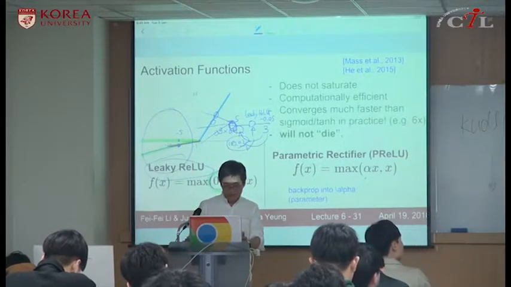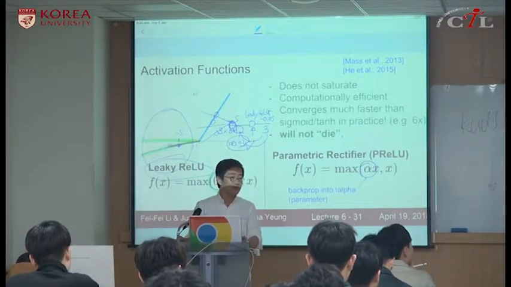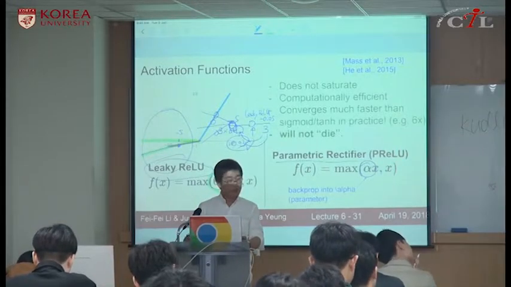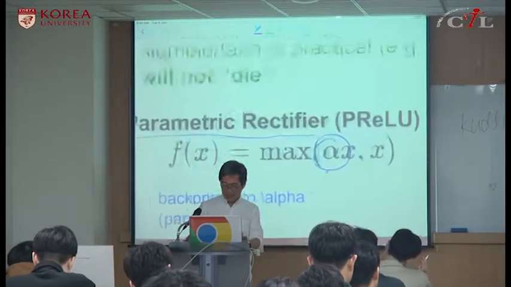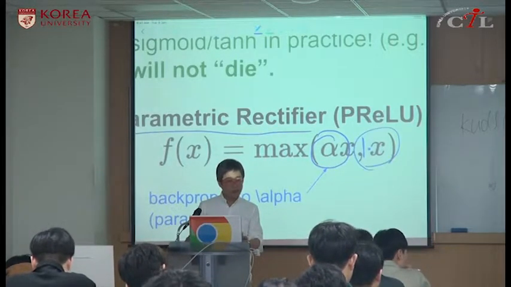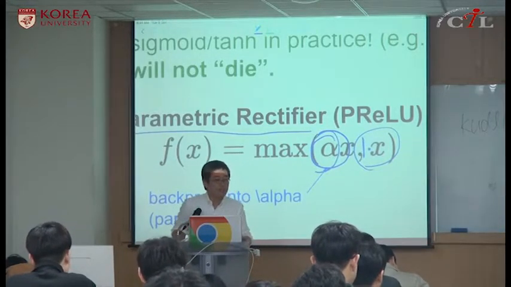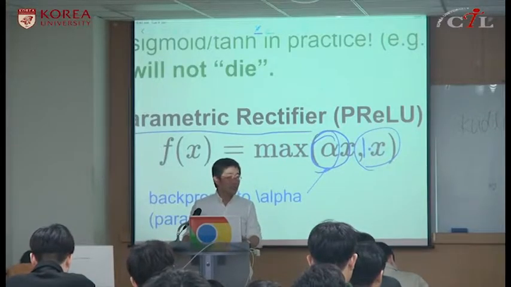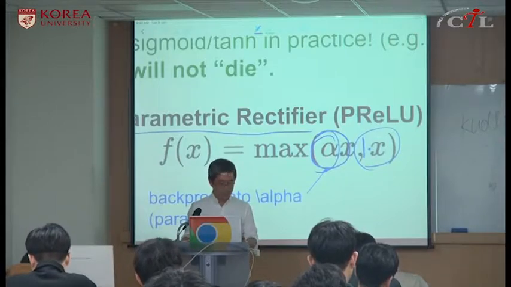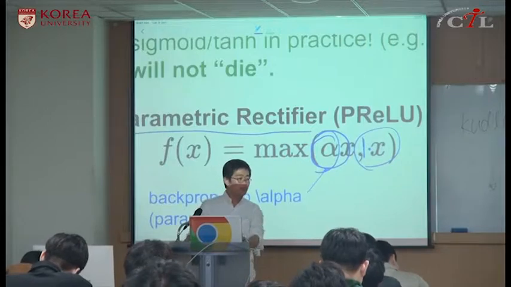But at the same time, this value can also be set as a trainable parameter, right? In the case of this parametric rectifier unit, we fix the positive region as just 1 times x, but here alpha can be a trainable parameter, which means that we compute the gradient with respect to this alpha and iteratively update this parameter to find the optimal value.